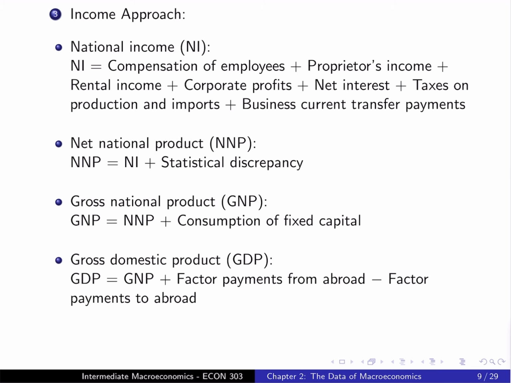Net national product, NNP, adjusts for discrepancies in reporting and is given by NNP equals NI plus statistical discrepancy.